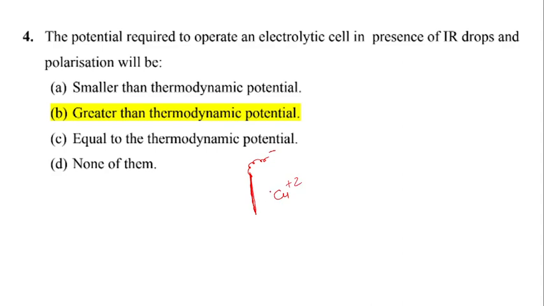When the copper 2+ ions come here, what will happen? They will gain electrons, because it is connected to the negative side. This is the battery connected by its negative terminal, so the negative terminal will provide electrons.